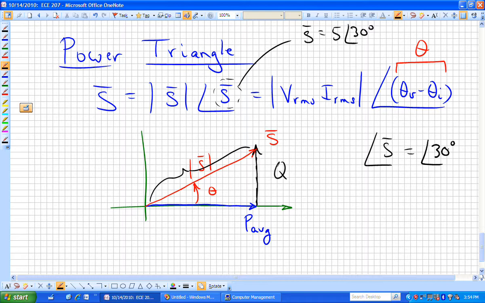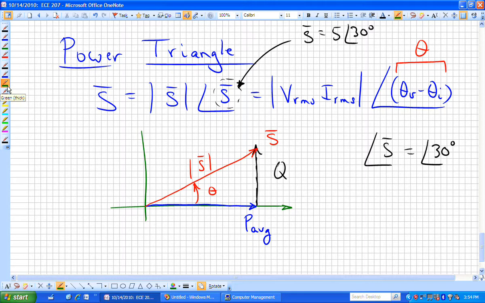I'm just saying the angle associated with that complex number S bar. So if you know what S bar is, all that means is, take the angle of that. Does that answer your question? I'm sorry, I didn't understand the question, obviously. So I'm going to erase that. Oh, I should know better.